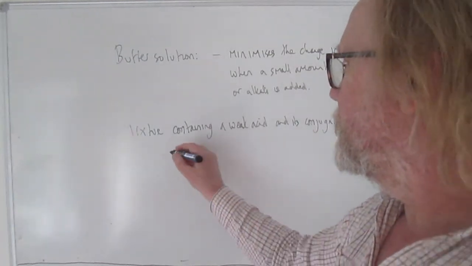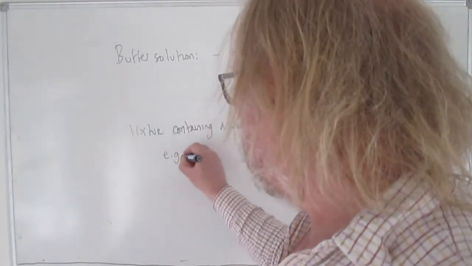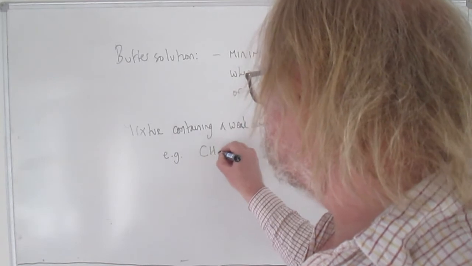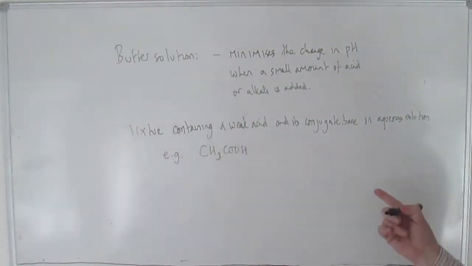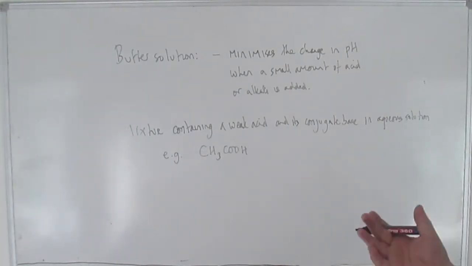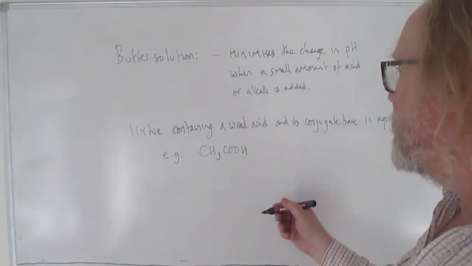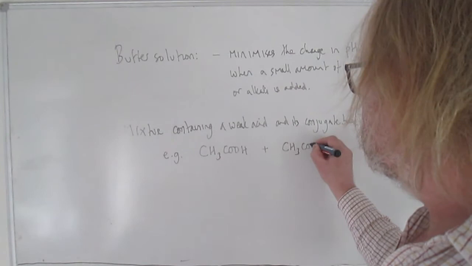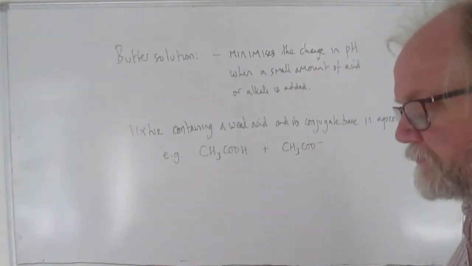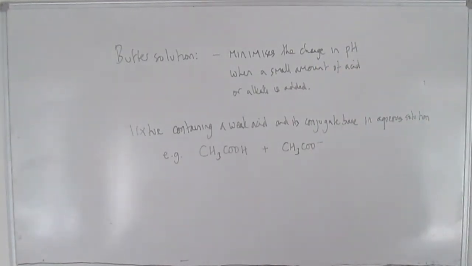So for example, if we take ethanoic acid as our weak acid, the conjugate base, remember, is what you get when you take one H plus ion away from that. So the conjugate base would be ethanoate. Okay, so a weak acid mixed with added conjugate base gives you a buffer solution.